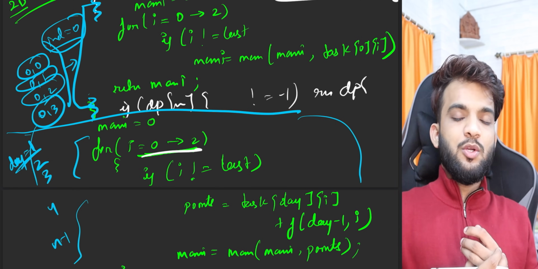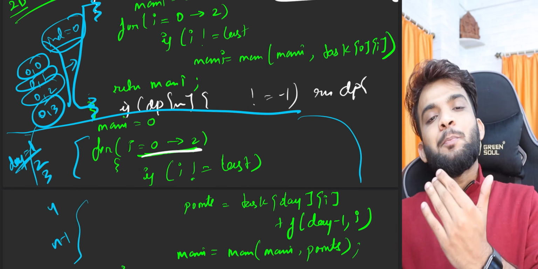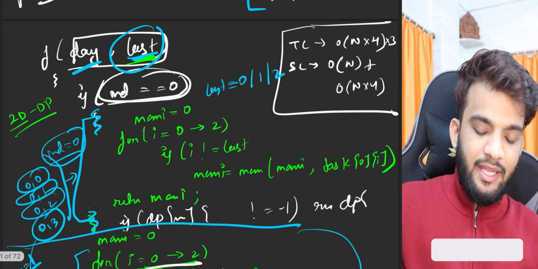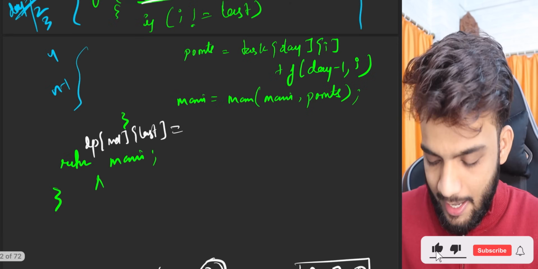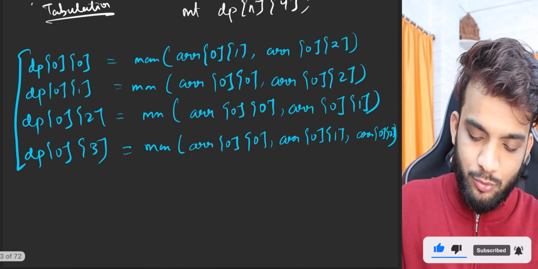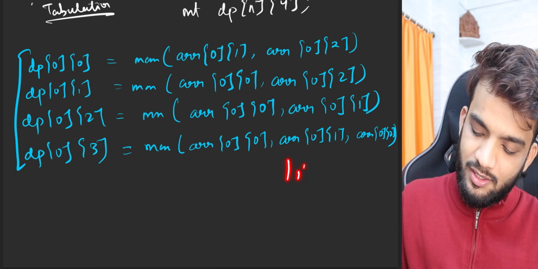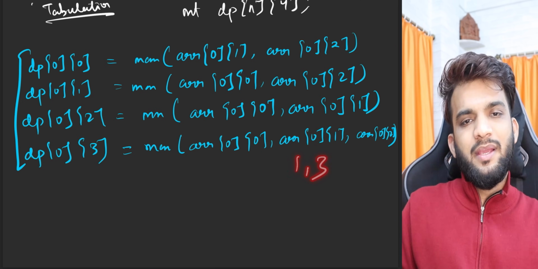Whenever day reaches these values, you execute that, correct? And what can be the possible values of last? I again ask you the same question. And to that, you will be like, Striver, similar to before, it can be 0, it can be 1, it can be 2, it can be 3. Again, makes sense.